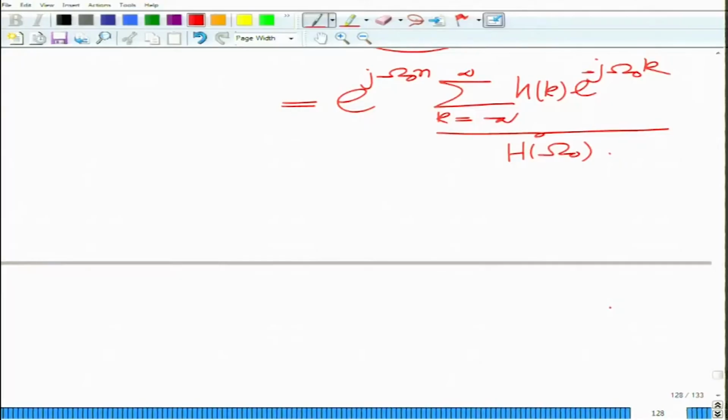And this is interesting, and we have already seen this.